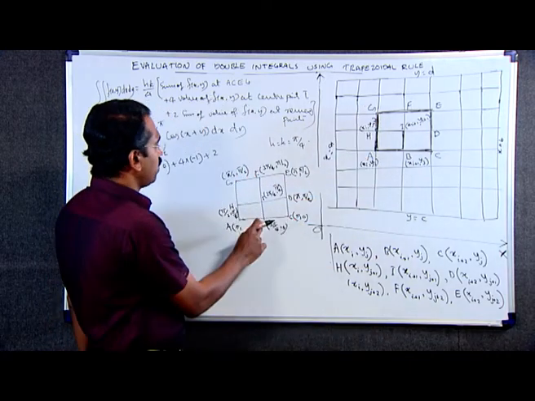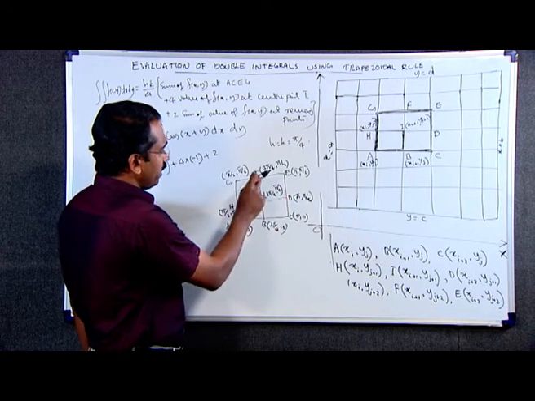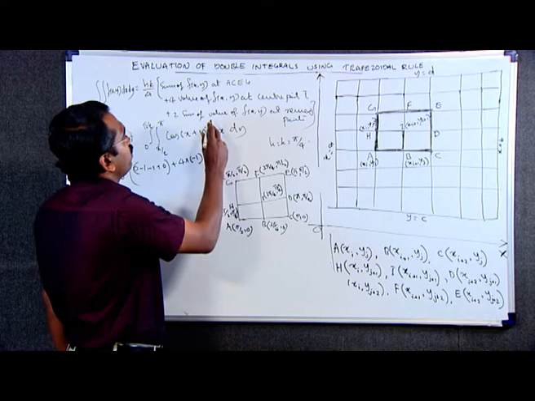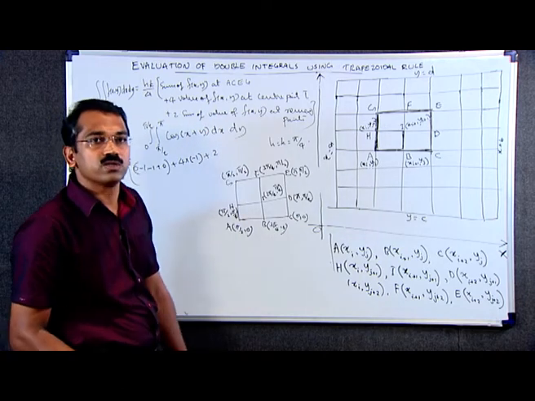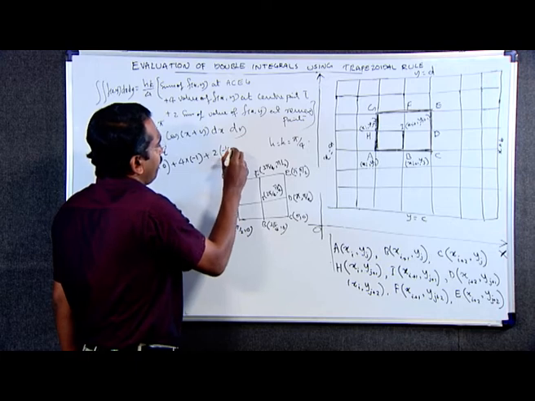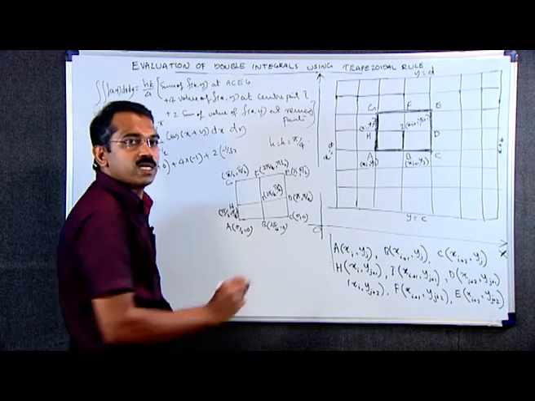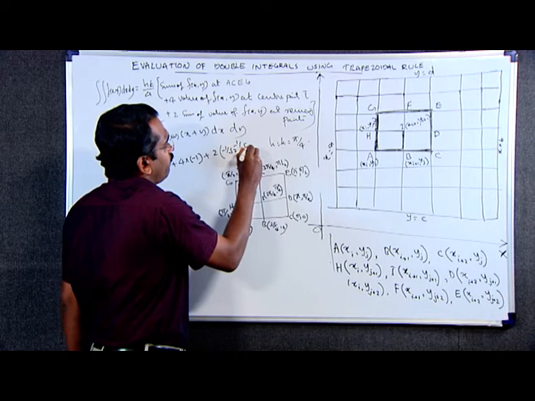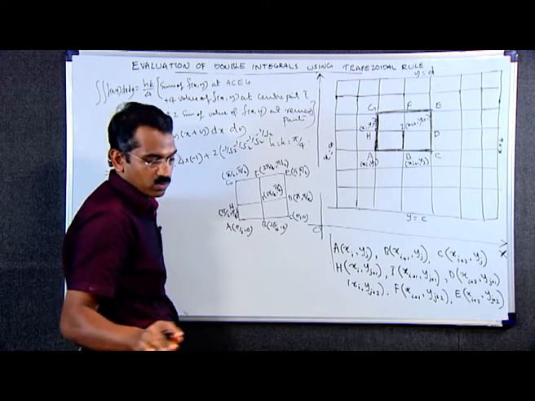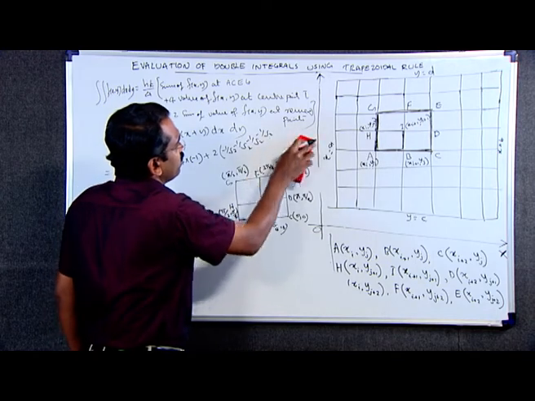The remaining points are B, D, F and H. The corresponding function values are minus 1 by root 2, minus 1 by root 2, minus 1 by root 2 and minus 1 by root 2. All are minus 1 by root 2.